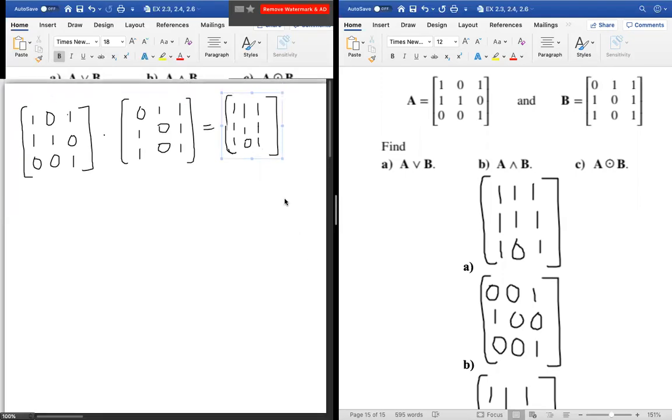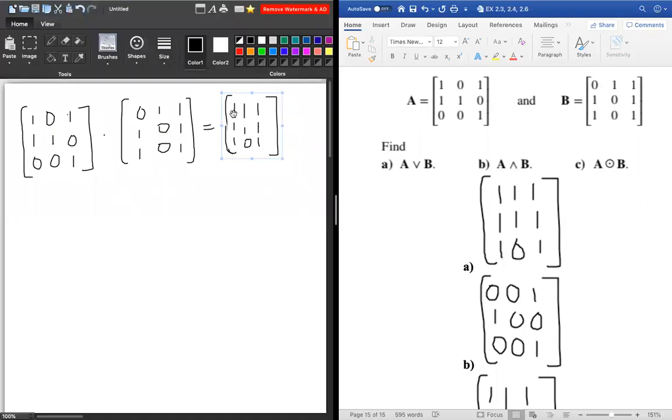Okay, so this number over here, this 1 over here, I got it by multiplying this whole thing with this thing and adding it. So I did 1 multiplied by this 0 here, and then I did plus 0 multiplied by 1, plus this 1 multiplied by 1.